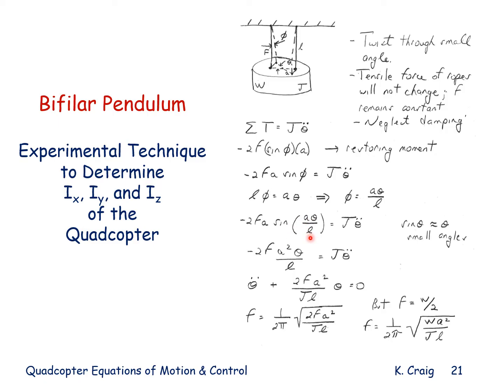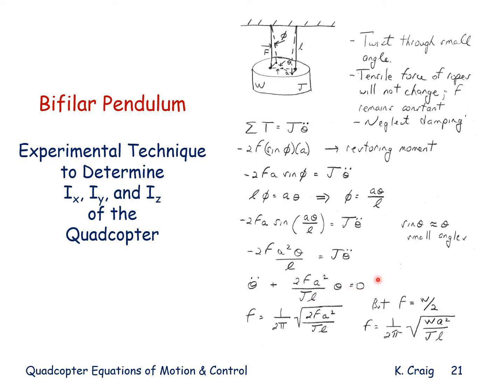And for small angles, the sine of this expression equals that expression. And so my equation of motion then reduces to J theta double dot equals minus 2 F a squared theta over L, or written out in this form, theta double dot plus 2 F a squared over J L times theta equals 0.